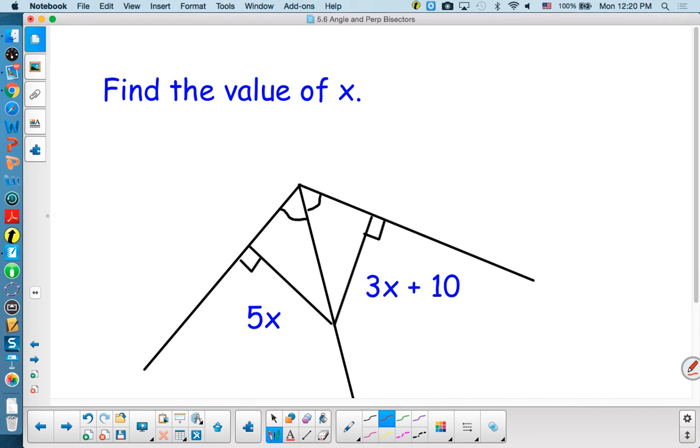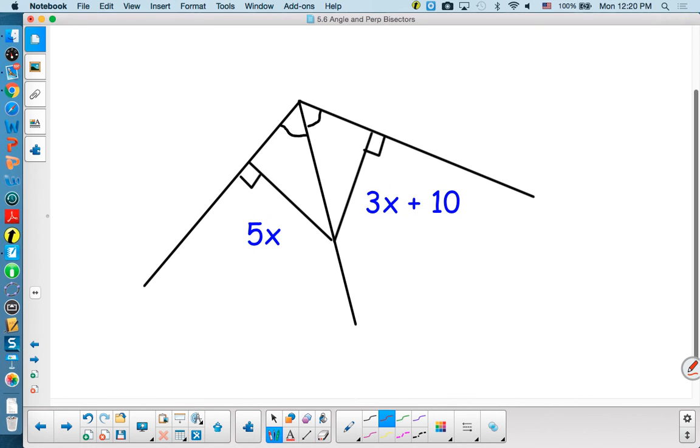Next example, again, find the value of x. My markings are kind of curved, but I've got this angle congruent to this one. So point P is on that angle bisector. The distances perpendicular to the sides are the same. So to find x, 5x has to equal 3x plus 10.